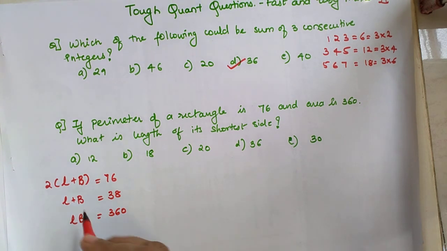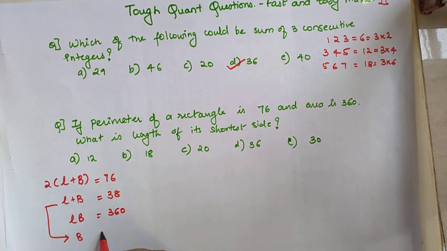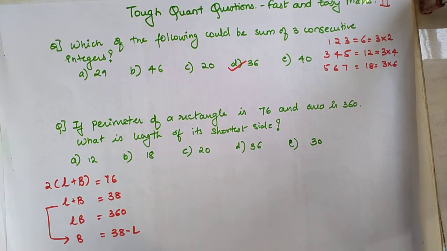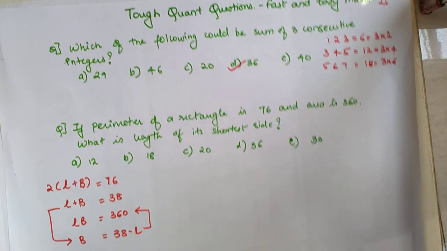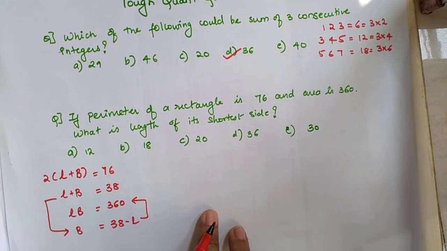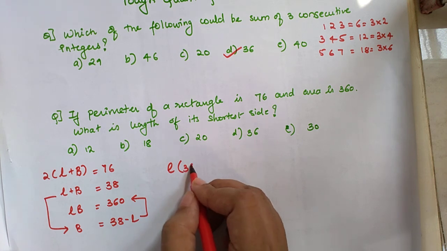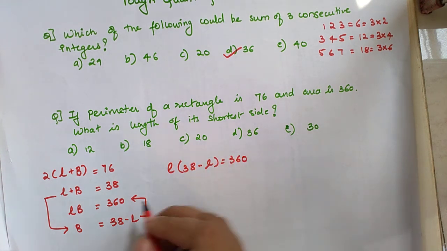Okay, so from this, can I say that B is equal to 38 minus L, and when I put this value over here, instead of B, I'm going to put 38 minus L: L into (38 minus L) equals 360.